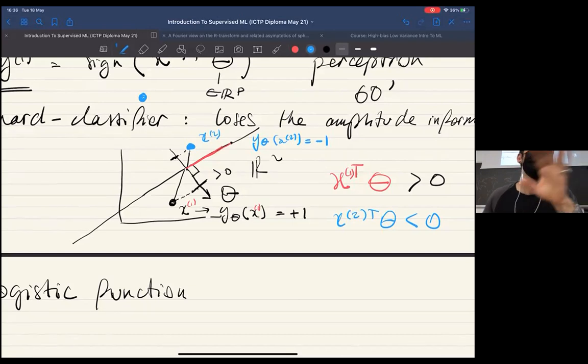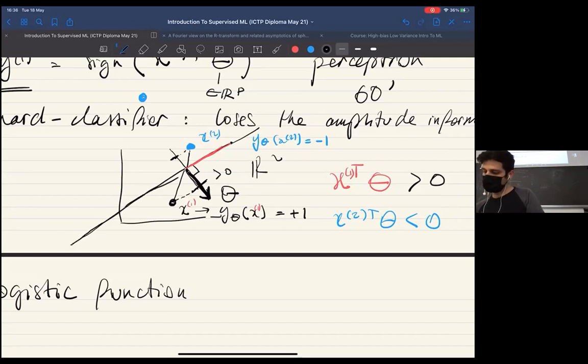So theta is the vector here. And theta, which is also called the classifier, defines a hyperplane, which is the plane that is orthogonal to theta. It naturally defines this hyperplane. Why?